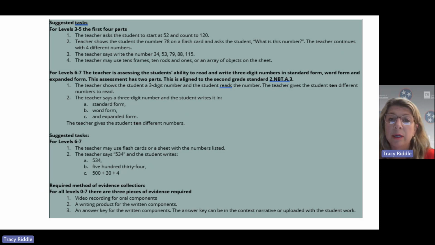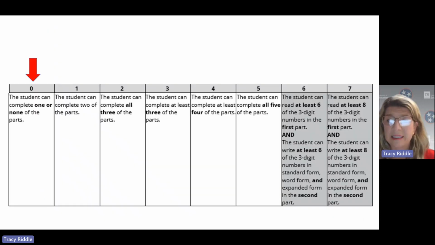Once you have your student work, it is time to assess using the rubric. A rubric is used to assess student work. Keep in mind, if you needed to assess your students on the kindergarten portion, you will score those 3 parts using levels 0, 1, and 2.